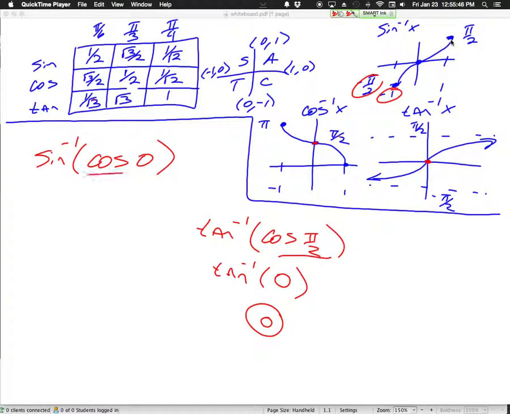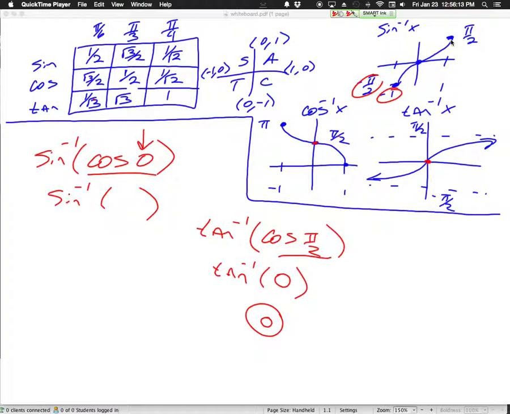Alright, so cosine of 0. Not on my chart. And a lot of you are going in here and doing this to me. What is 0? An angle.